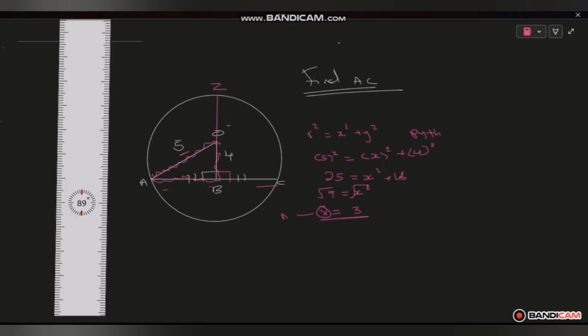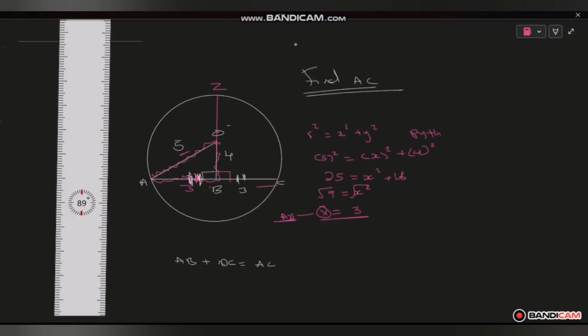Therefore we are asked to find BC. The length of AB is 3, meaning that because these two lines are telling us that AB is equal to BC, it makes BC to be 3. Therefore for us to find AC, we add AB and BC.